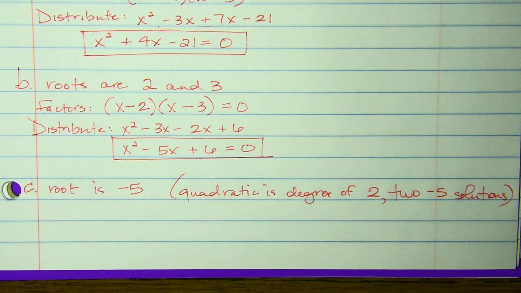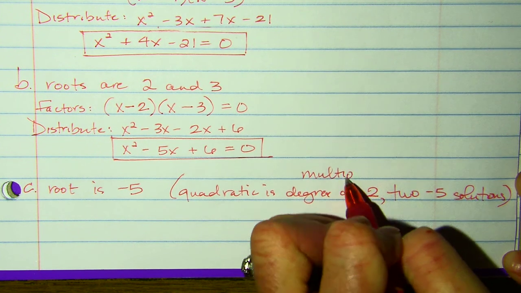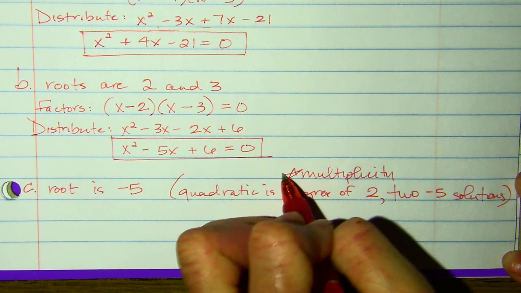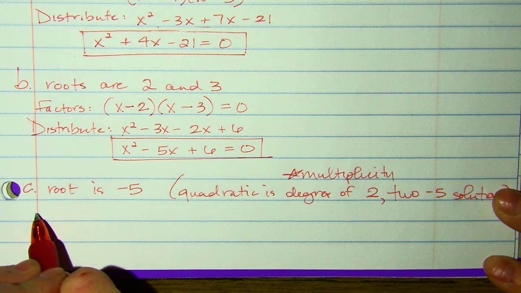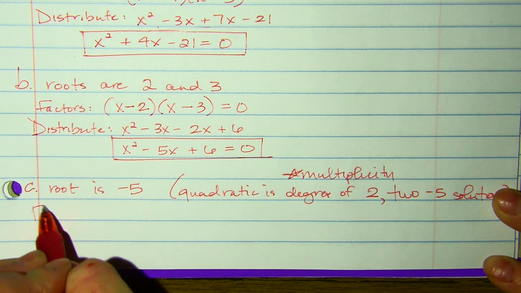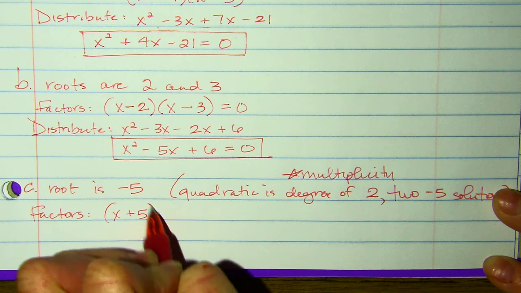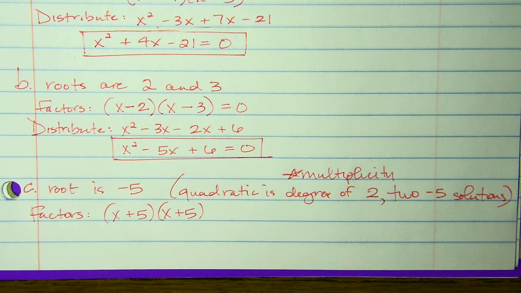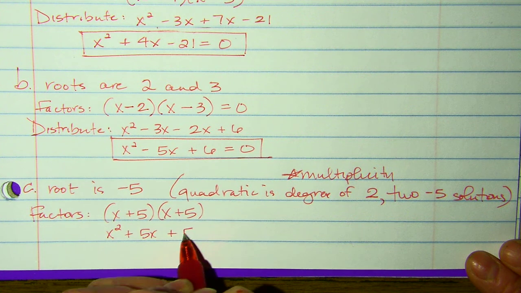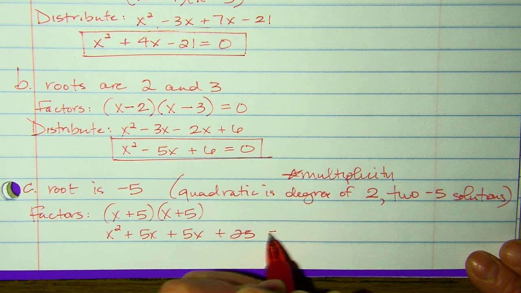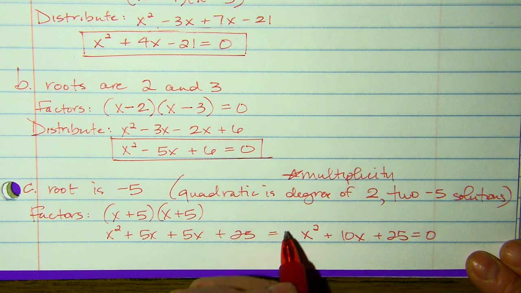If they only list one, there's a multiplicity going on. So if their only root is negative 5, there are technically 2 of them. My factors become x plus 5 and x plus 5. If you distribute that, you get x squared plus 5x plus 5x plus 25. So you get x squared plus 10x plus 25 equals 0.